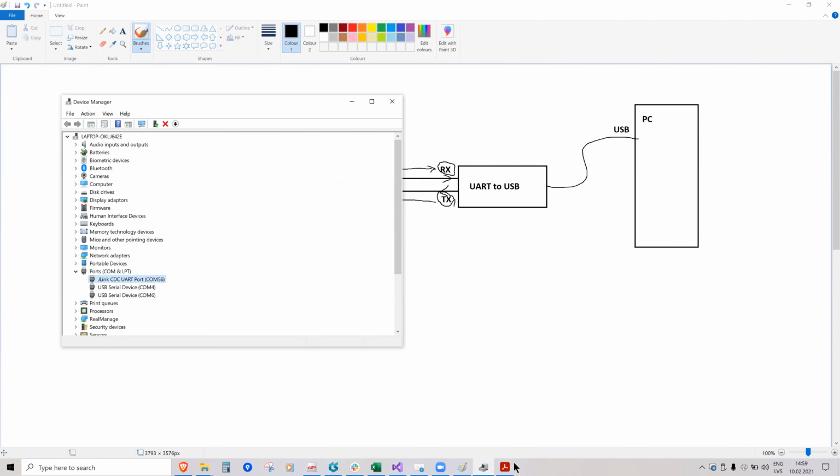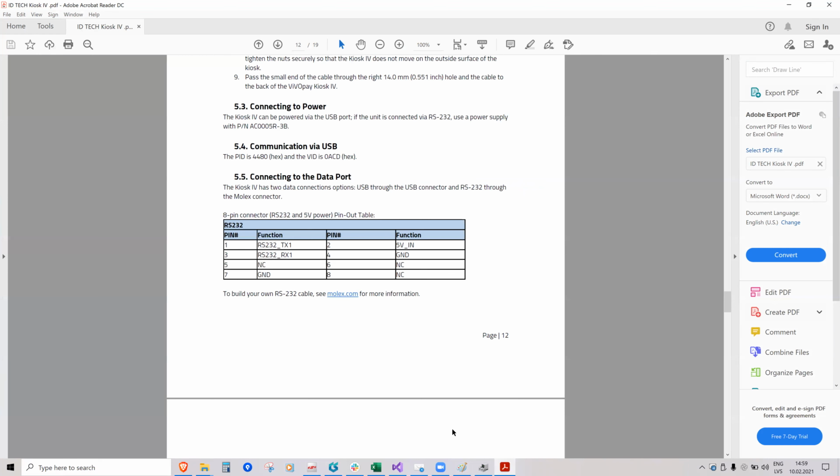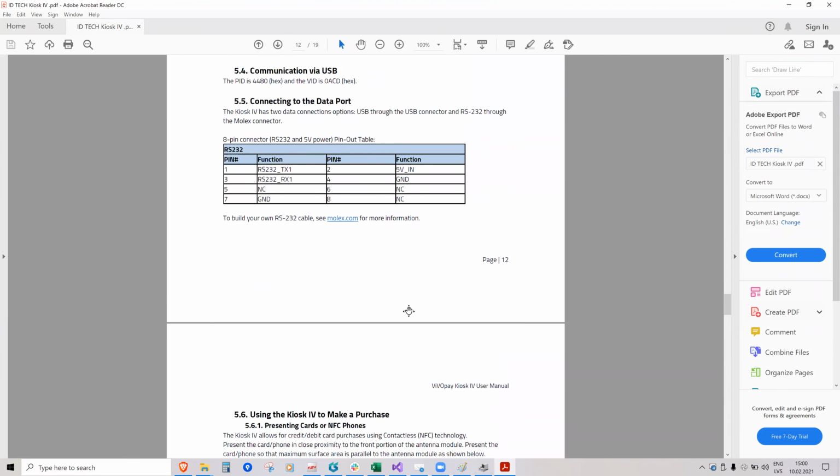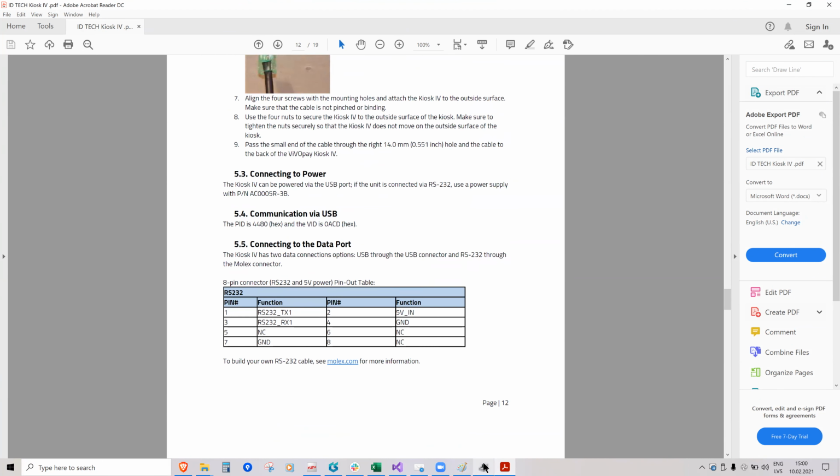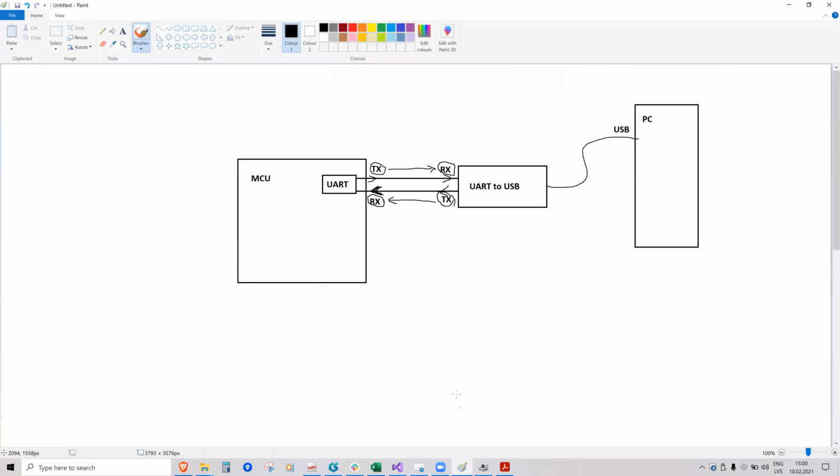And another thing is that oftentimes these lines actually don't work at 5 volts, but only at 3 volts, okay? Because, for example, this microcontroller has some power supply.